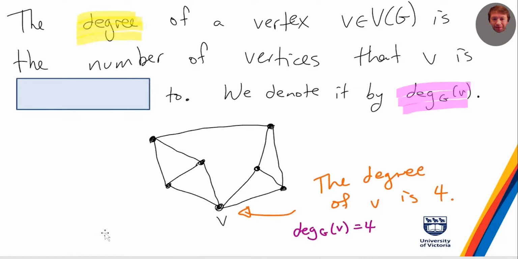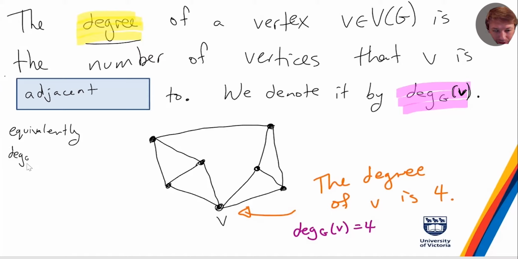Okay, another thing. If I've got a vertex V in a graph G, the degree of V is the number of vertices that V is adjacent to. We denote that by deg subscript G of V, so that we are aware of which graph we're talking about.